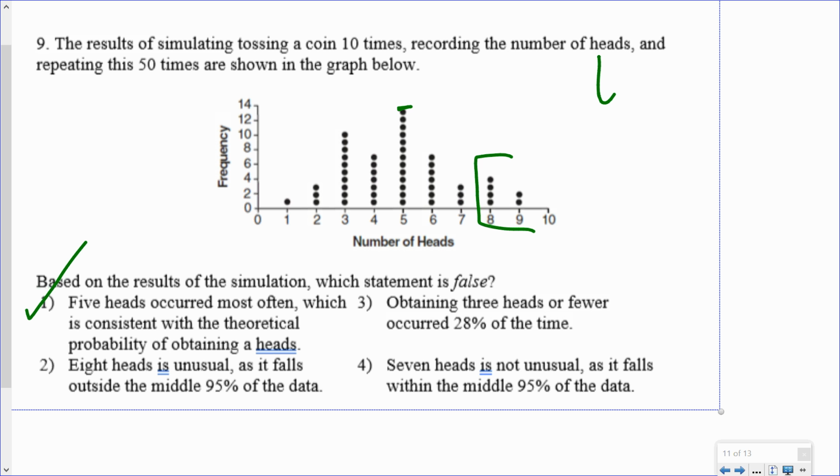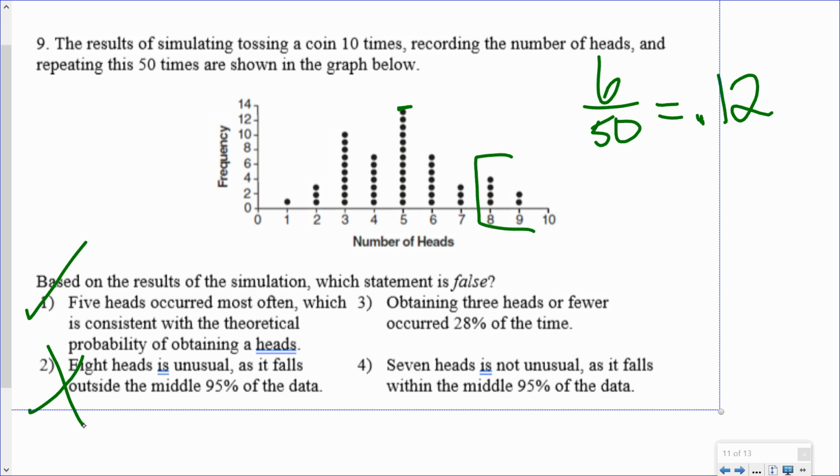There are 6 of these simulations where they were more than 8. 6 out of 50. 6 out of 50 is 0.12. So that means it occurred 12% of the time. If it occurred 12% of the time, since that's more than 5%, it is inside the middle 95%. This one is not true.